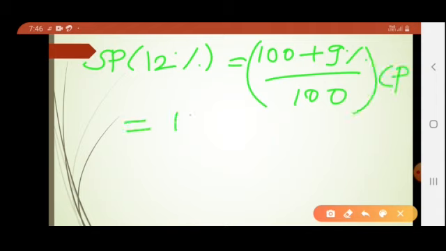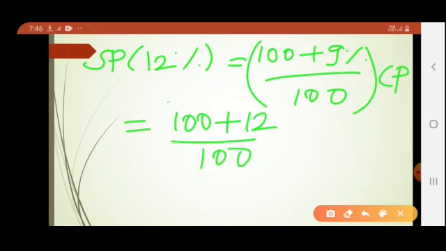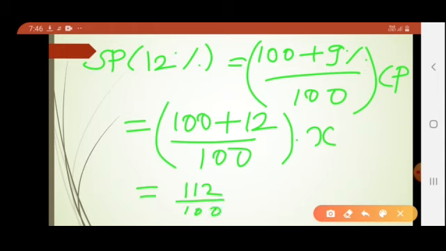Here the gain percentage is 12, divided by 100, the CP we just take as X. Now it will be 100 plus 12, 112 by 100 into X. This is the SP value when the gain percentage is 12%.